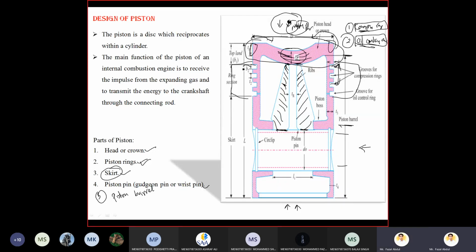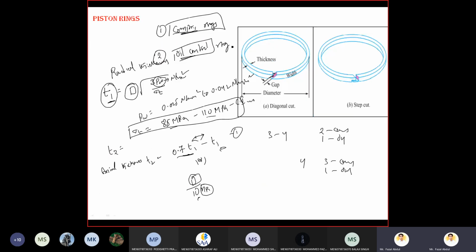See, this is B2, and this one also, and this one also we need to design. Now one by one I'm calculating. These are all things in the piston ring section only.